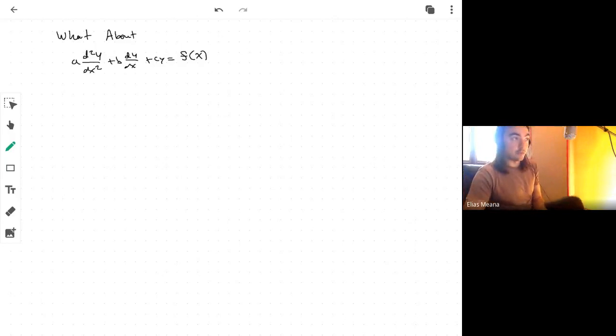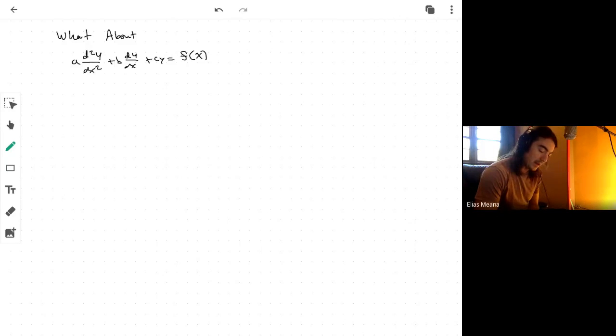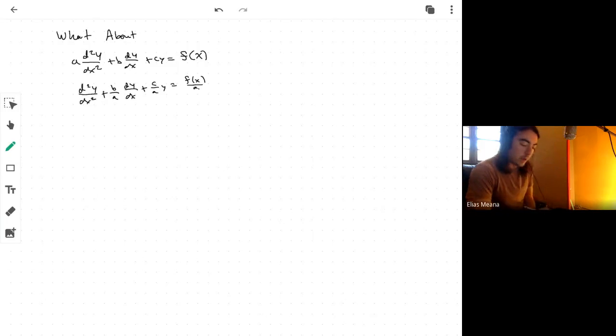So our original process was to start off by dividing everything by a. So we could make a simplification and say, what if we were trying to solve the differential equation, this thing, equals f of x over a. Well, we could still do the same factorizing on the left-hand side.